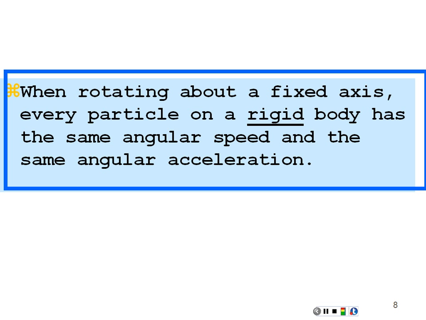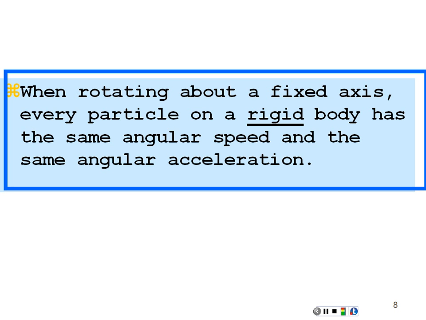In other words, every point on this wheel, no matter what, will go through the same change in angle as this wheel is rotating. Hence, we finally have a variable, an angular displacement, that describes the whole wheel at one time. Great.